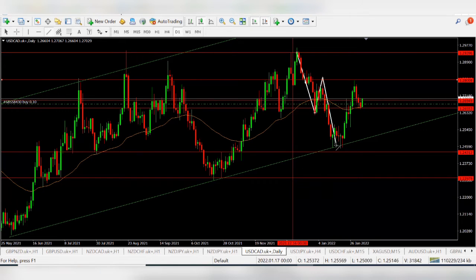It found support on that trend line, which is also almost in confluence with this level here, 1.2431, and then pushed up.